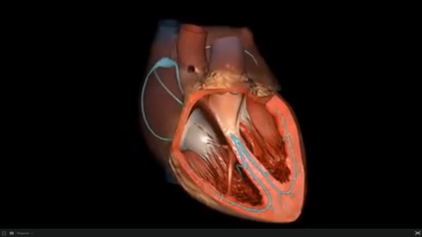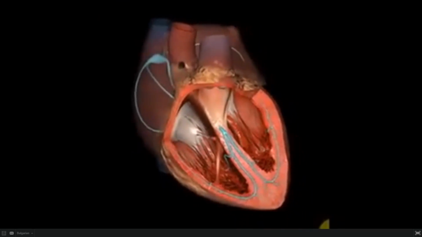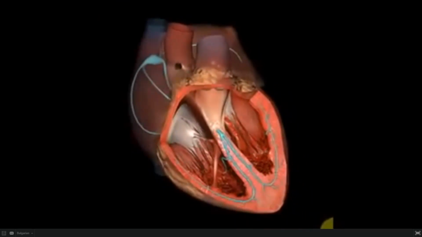Okay, this is again the cross view of the heart, and in that picture you see 2 chambers, right and left, and muscles inside, because the heart has not only muscle structure on the wall, but also different kinds of muscles inside of each chamber. They connect the valves and the wall.